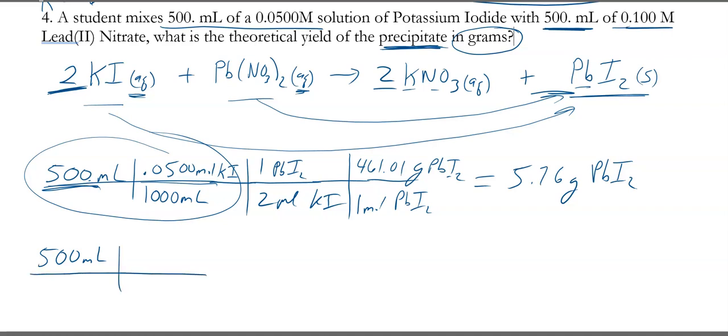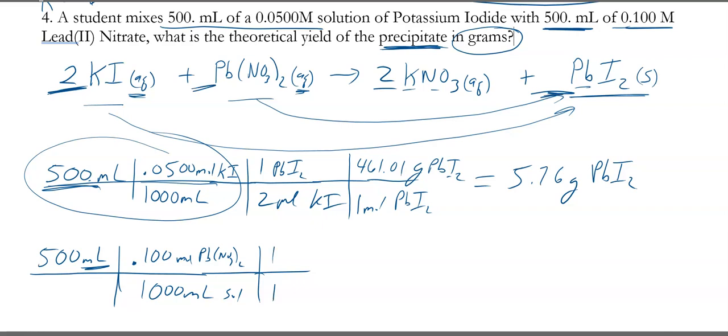And so I know that that means that there is 0.1 moles of our solute, the lead-2 nitrate, in 1 liter of solution, or in this case, since we're in milliliters, 1,000 milliliters of solution. Okay. That'll take us to moles. Now we can use the mole ratio and figure out how much lead iodide there is. And now it's a 1-to-1 ratio here. So 1 mole to 1 mole.